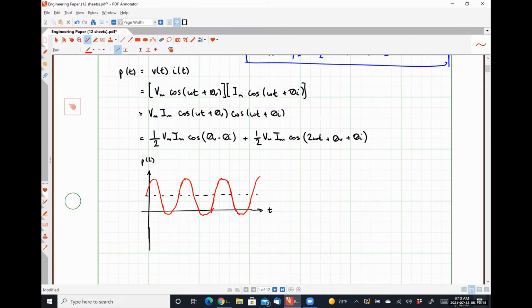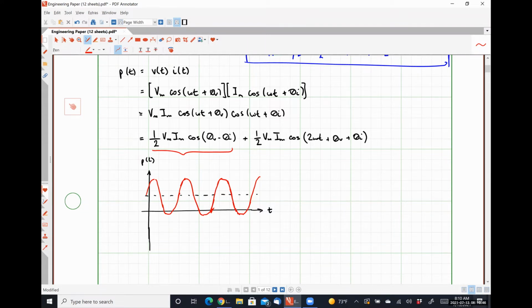This particular power waveform would be oscillating at twice the frequency of our voltage and current waveforms. And it has an offset value. So it's not centered around the horizontal axis. Instead, it is offset by some specific amount. Well, the offset is this term right here.